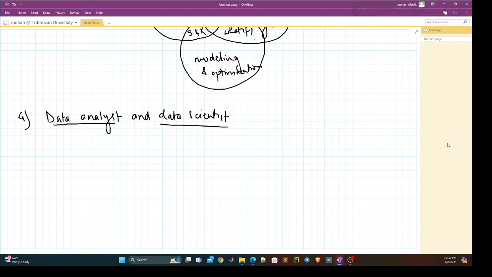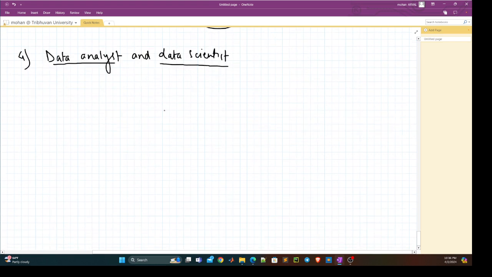So in data science, you need to have a strong base on mathematics.